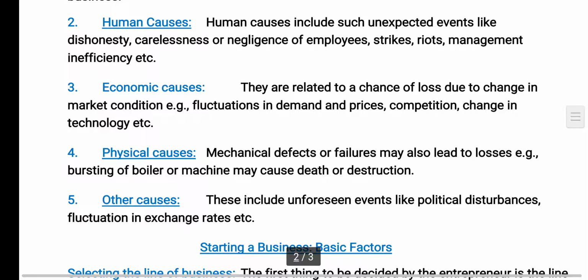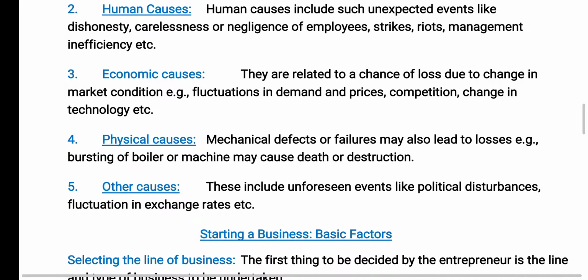The dishonesty of employees can bring heavy losses for business. The employees may leak a business secret to a competitor and may commit fraud also. Employees may be careless and may mishandle the machinery and resources, which can also bring heavy losses by wastage of resources. The employees may hamper the production by going on strike, riots, etc. This can also lead to heavy loss for business.